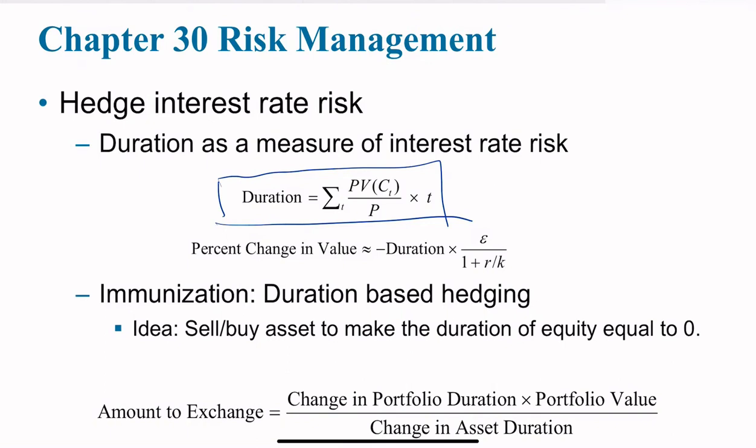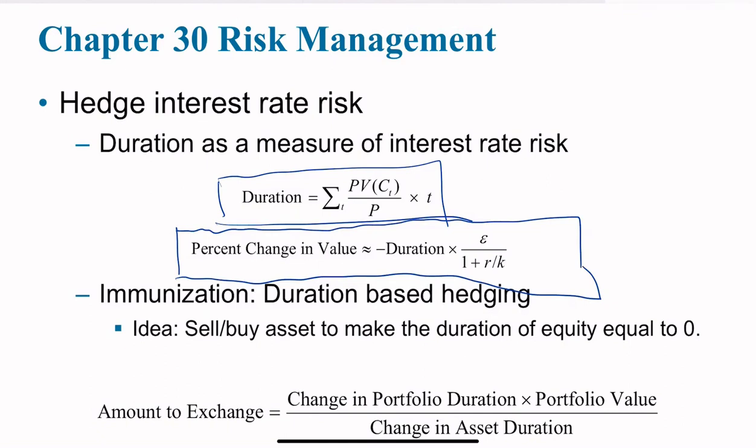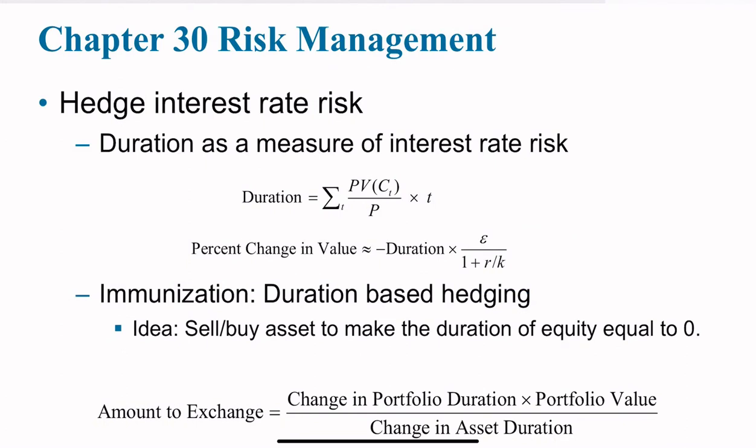The reason is that the percentage change in portfolio value is equal to minus the duration of the portfolio times this term. Remember that this epsilon is just the change in the interest rate, R is the interest rate, and K is the compounding period.